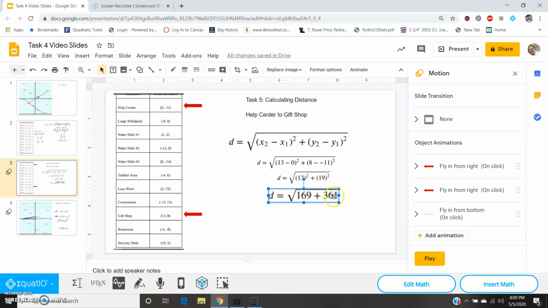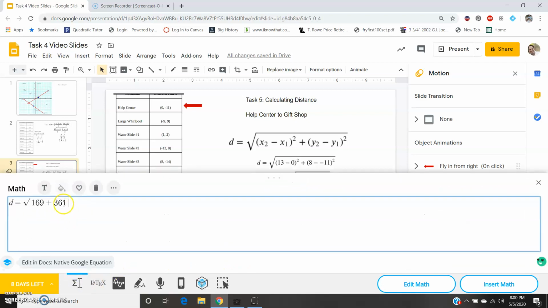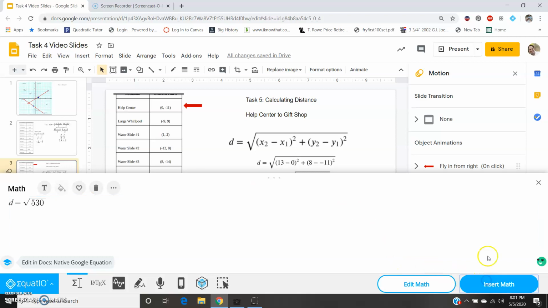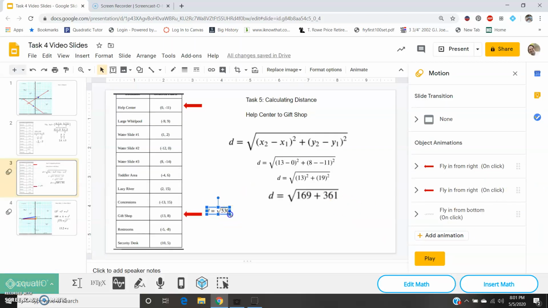All right, when I add those two together, I get 530. So let's go back here. 530, and then insert math, and close it, and maybe a little bigger and slide them over. And now I just have to apply the square root to that.